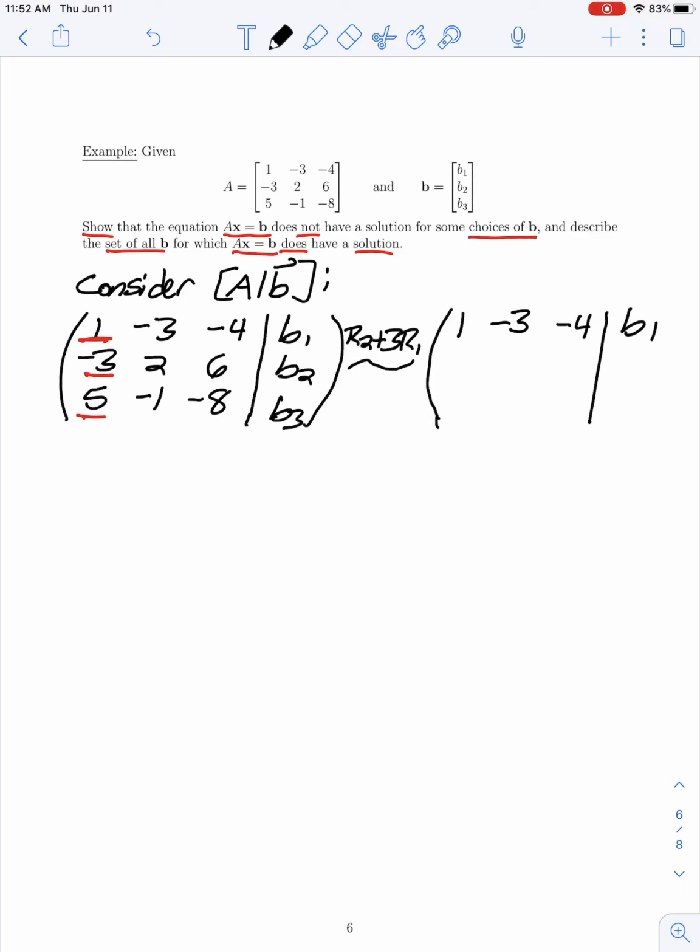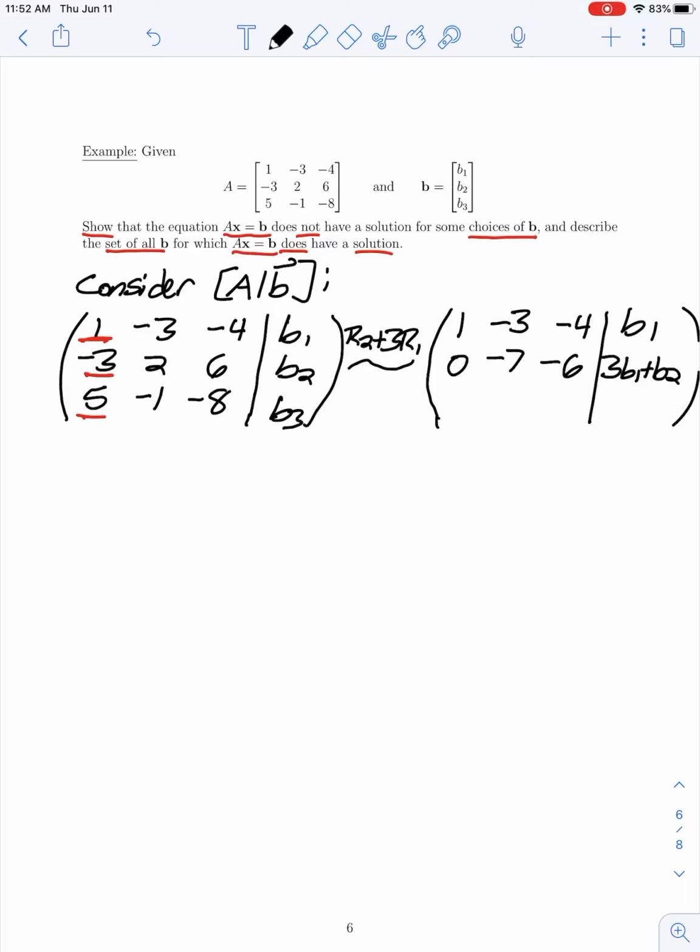When I perform this operation to my second row, I get 3 minus 3 is 0. -9 plus 2 is -7. -12 plus 6 is -6.